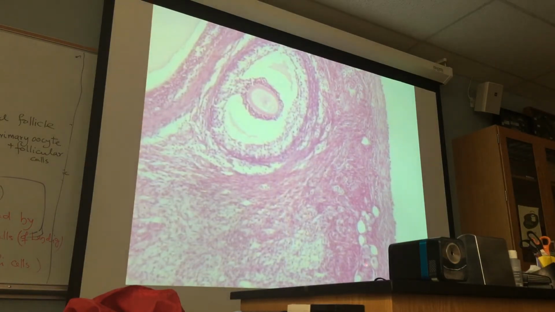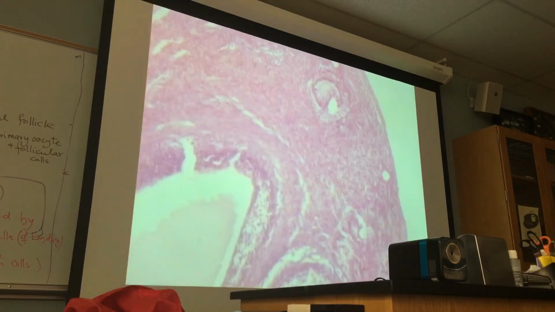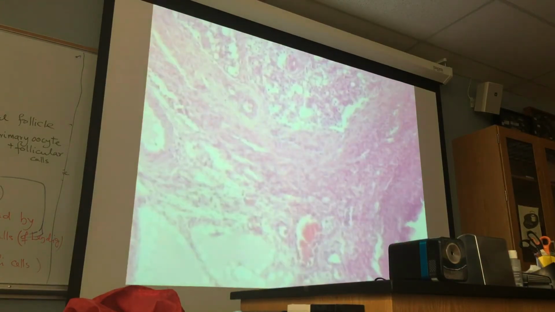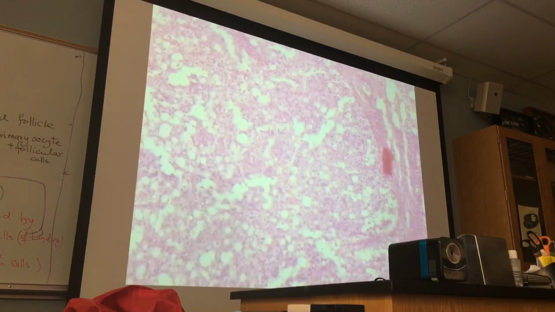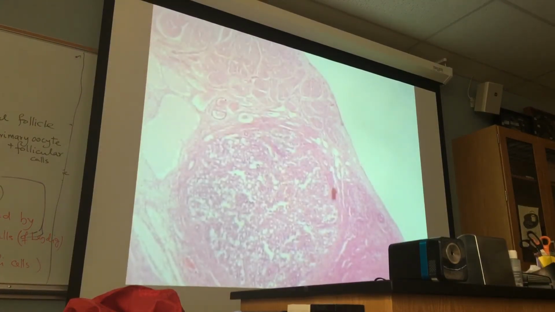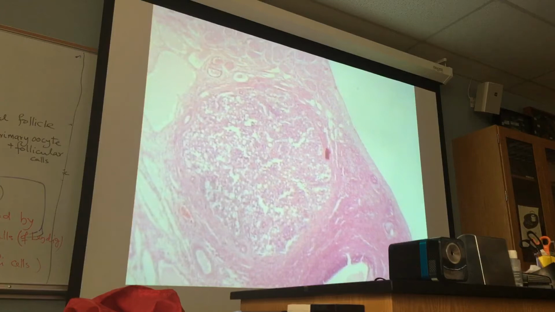And these are primordial follicles. And here is a corpus luteum, this one. Let us look under low magnification, and you can see the whole corpus. This whole structure is corpus luteum.